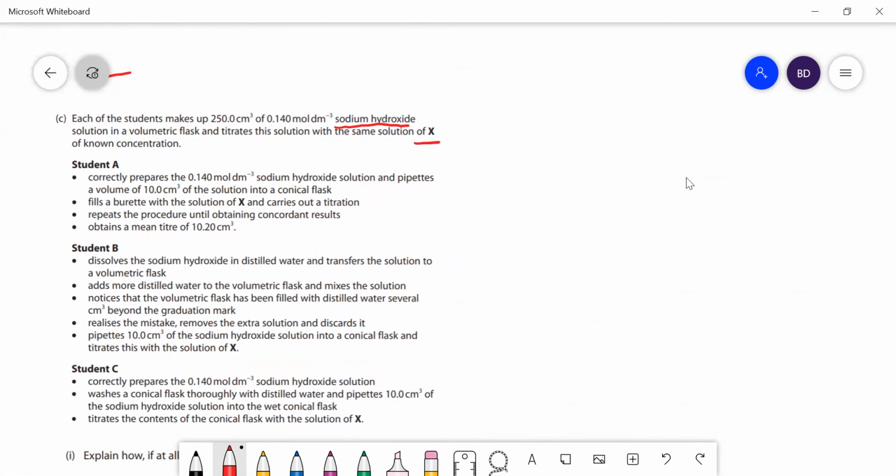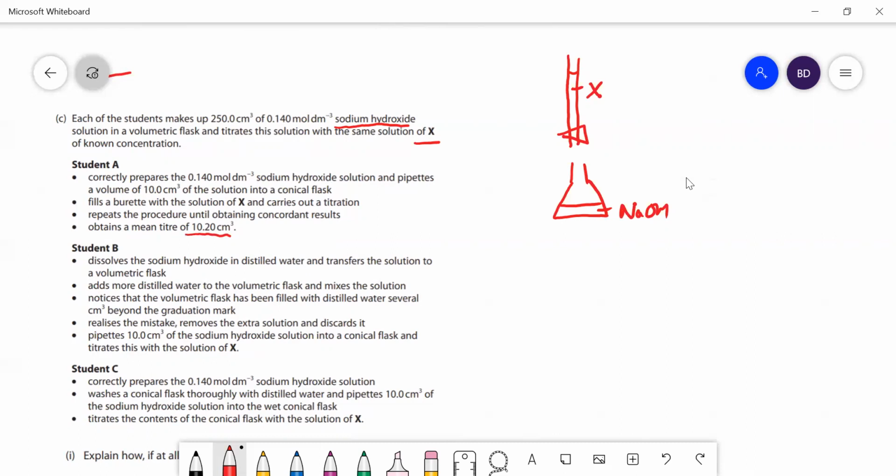They all put the sodium hydroxide into the burette, and they titrate it into the conical flask containing the solution of X, the acid. Student A correctly prepares it, fills the burette, carries out the titration, repeats, and gets a concordant result of 10.2. He does it right.